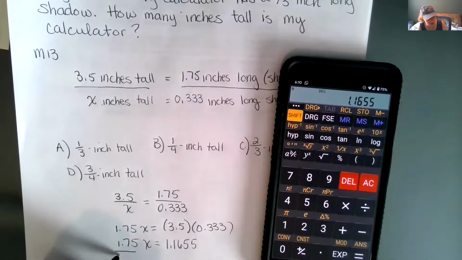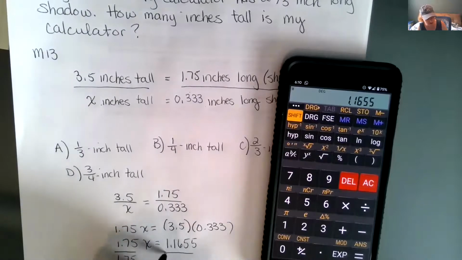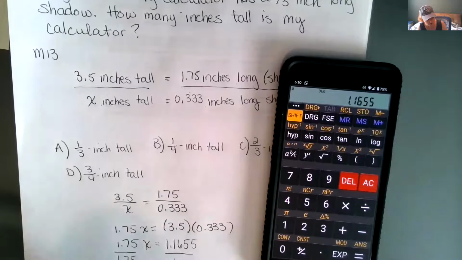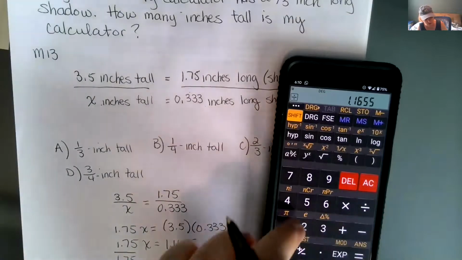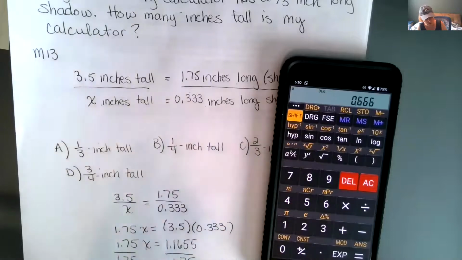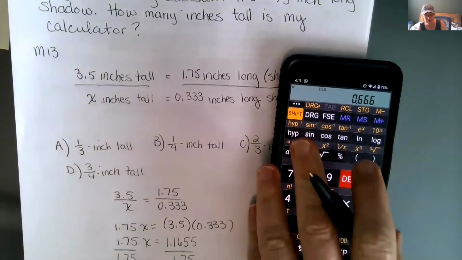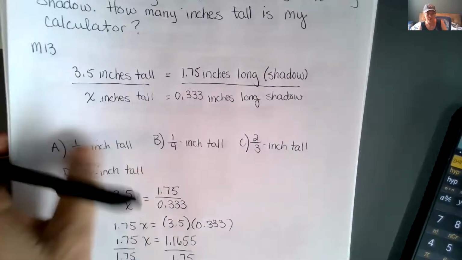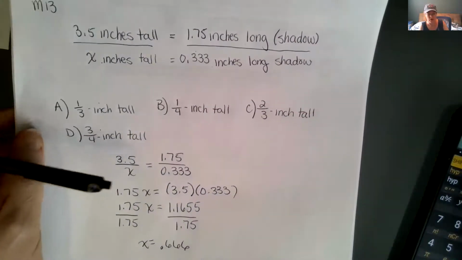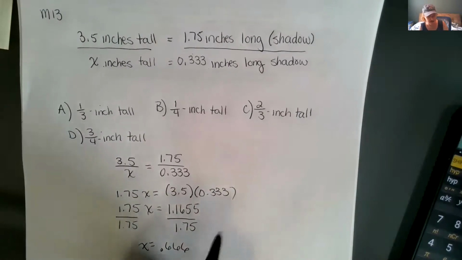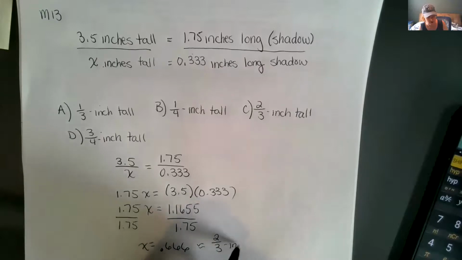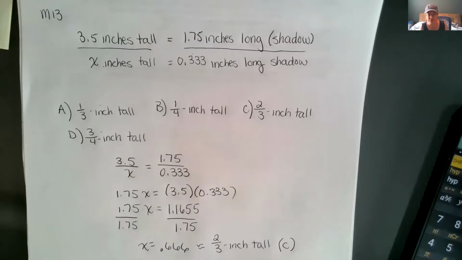Then if I divide both sides by my coefficient, 0.666. And, oh, can't see what I'm doing, but here you go. 0.666, that's basically the same as 2/3 inches tall. So letter C will be the answer choice.